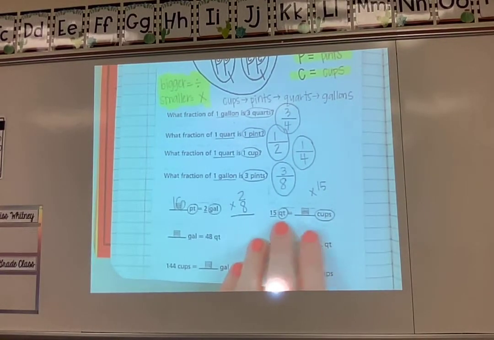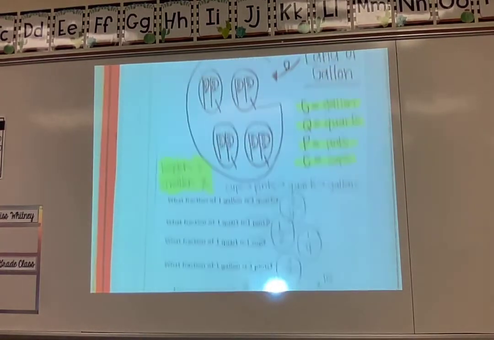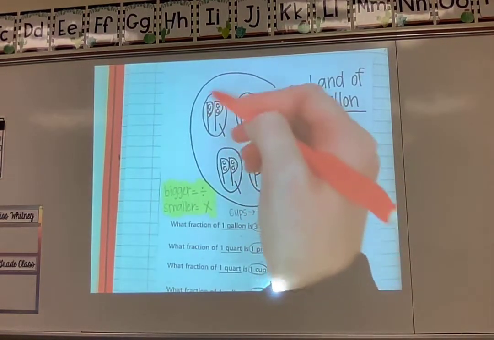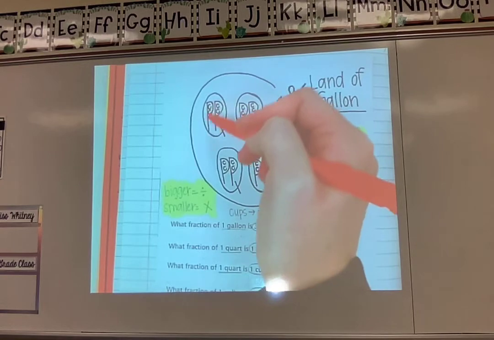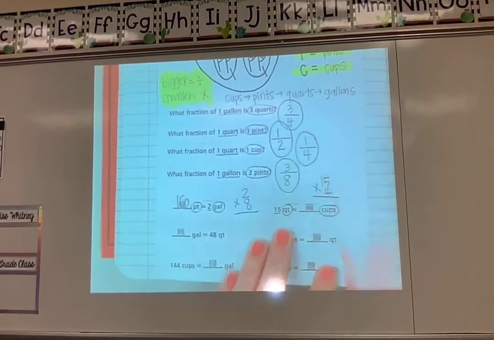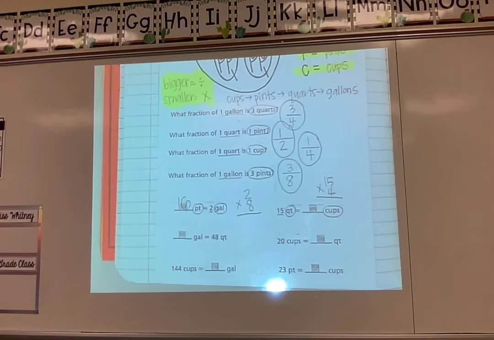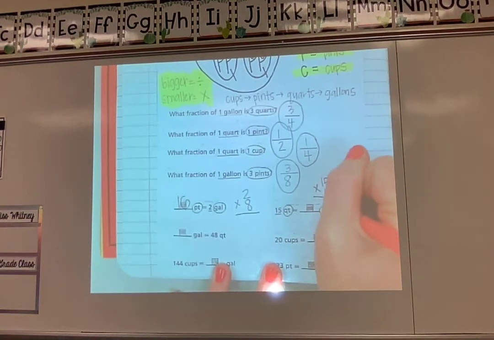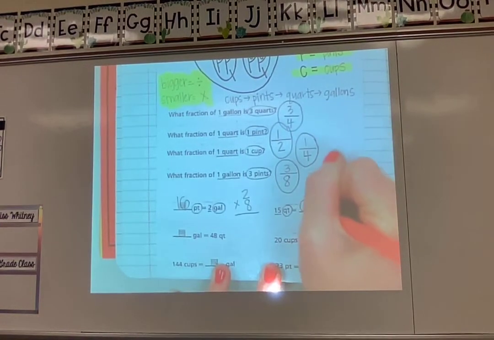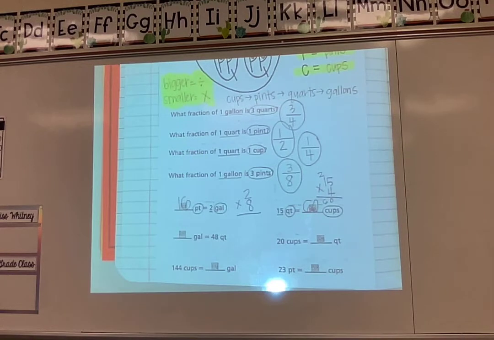How many cups are in a quart? Well, here's a quart. How many cups are there? 1, 2, 3, 4. So times 4. Now, if you're not sure on your 15s, you'll have to work this out, but it won't take you very long. It would be 60. So 60 cups would be my answer.